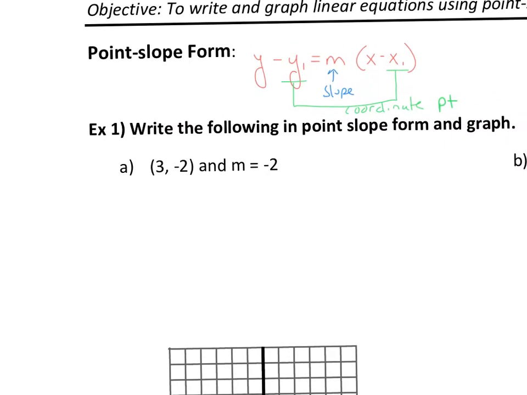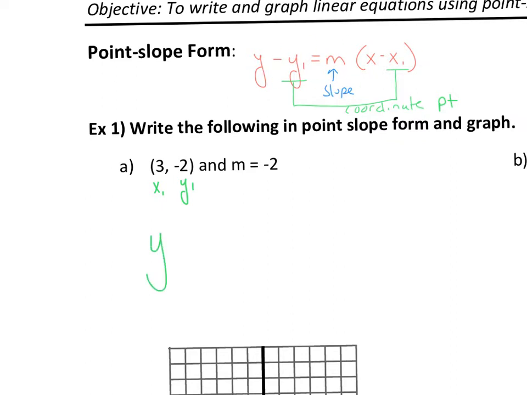Looking at the first example here, it says write the point slope form, and then we're going to be graphing it. When you look at this guy here, this is your x1, y1, and they've already given you your slope right here. So you've got m equals -2. We're just going to plug it into this equation.